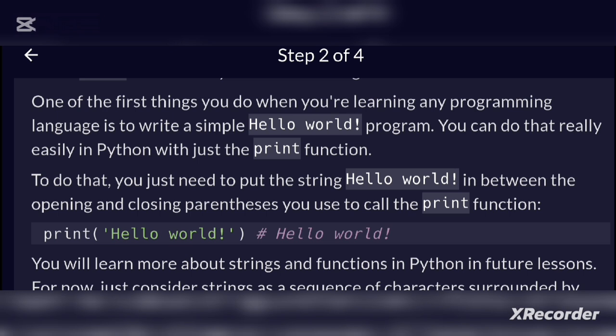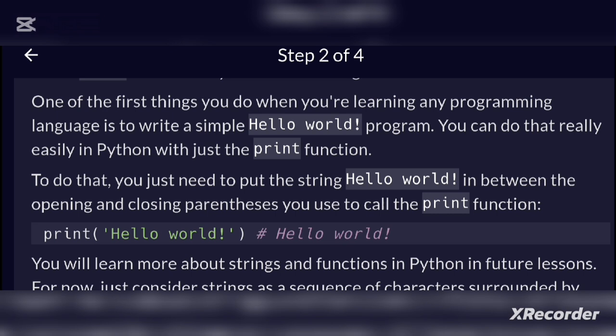So print hello world. If you input print hello world correctly into your computer, the answer you're going to get is hello world. That's the answer you're going to get if you're using the print function. That means you are telling the computer to bring out these words for you.